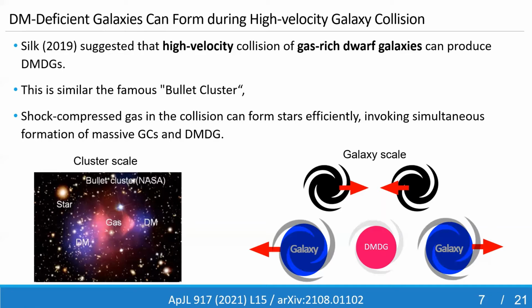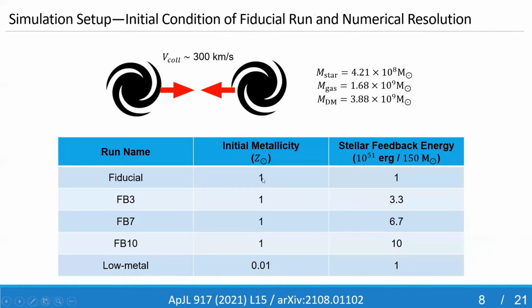However, gas, which is collisional, experiences ram pressure, produces strong shock, and loses its bulk velocity. Therefore, as you can see in the observed image of the bullet cluster and the central figure on the right, gas can be separated from dark matter.